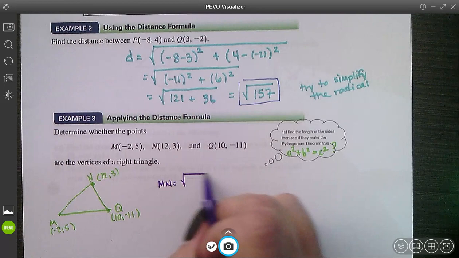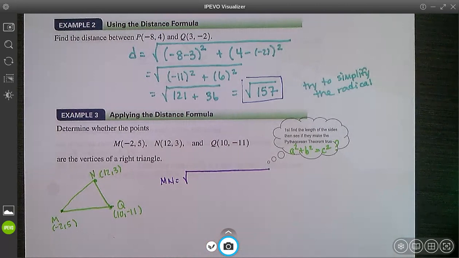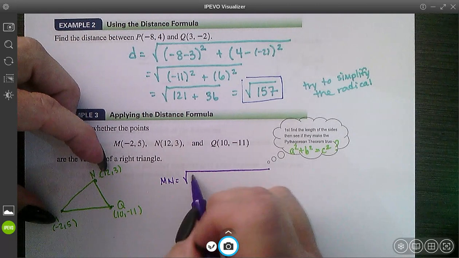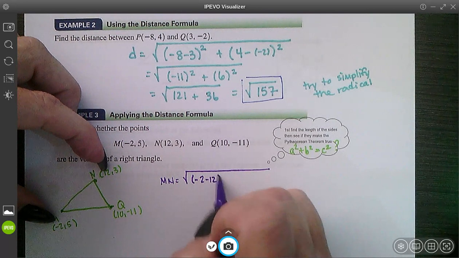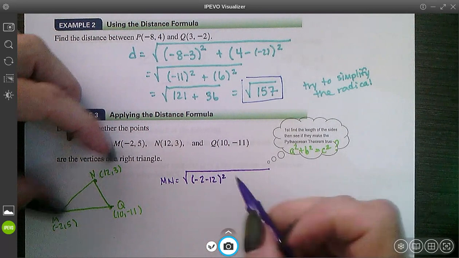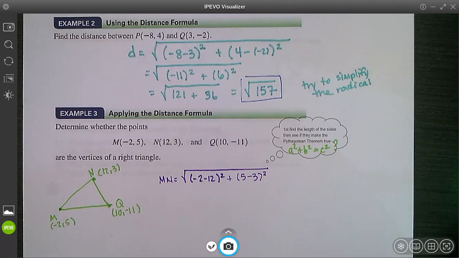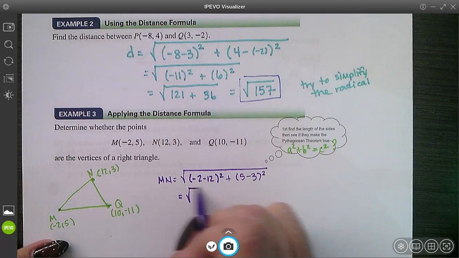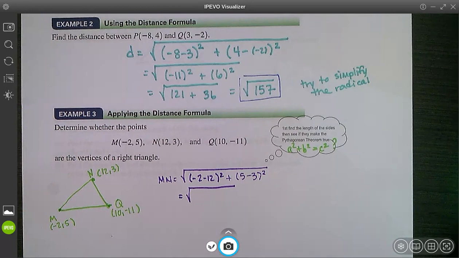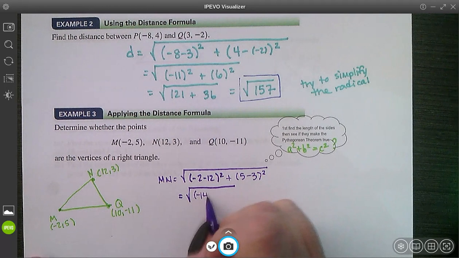I'm going to do the square root of, remember I subtract the x's, so how about -2 minus 12 squared? And then I'm going to subtract the y's, 5 minus 3 squared. So that's going to be the square root of -2 subtract 12 is -14 squared.